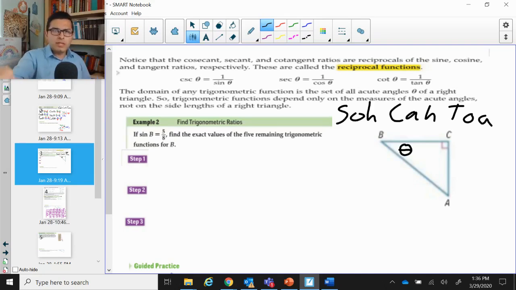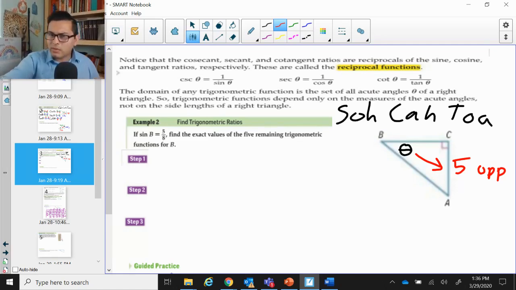So let's draw an arrow across the triangle to find our opposite side. Our opposite side is right over here, and we're going to say OPP. What is our opposite side? Well, we know that sine is 5 over 8, so 5 must be our opposite side value. We're going to write this down as 5.